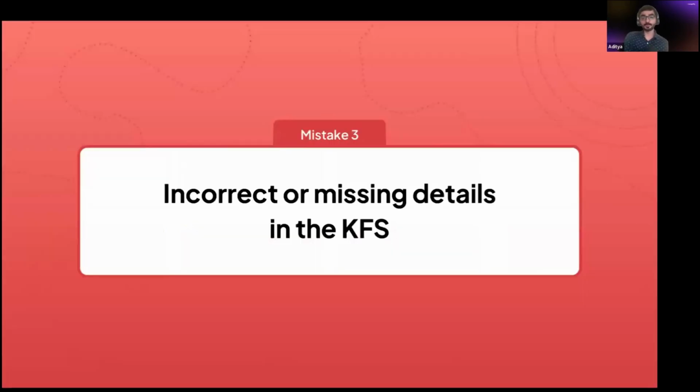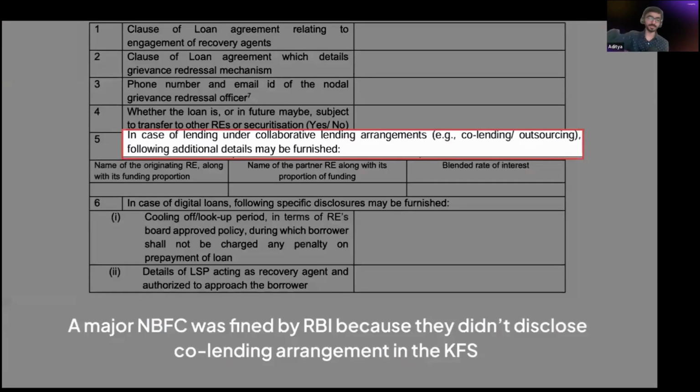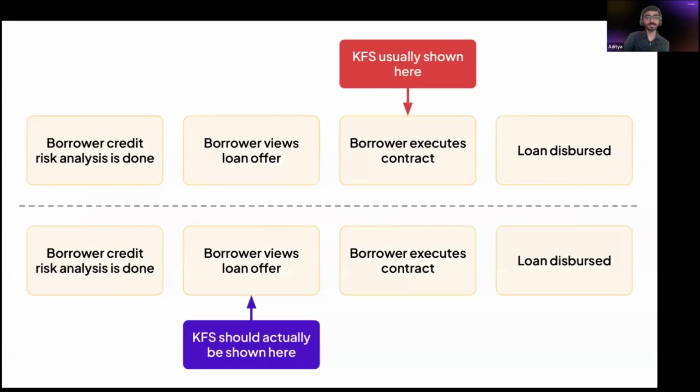So we're two down. The third mistake is, of course, incorrect or missing details in KFS. And we've received one question actually when we were discussing this. Azima, if you can just go to the previous slide again, that what happens if we are taking KFS and loan agreement in the same kit, right?